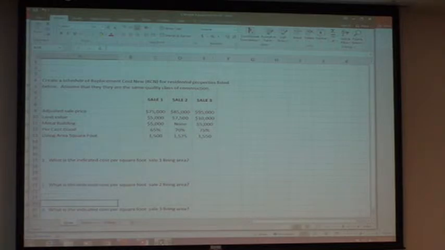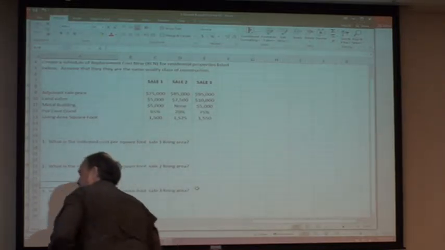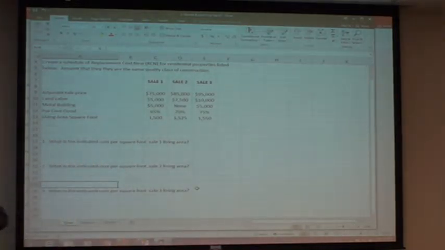We're going to find out what the indicated cost per square foot of selling number 1's living area, number 2, and number 3. But you're going to build a replacement cost new for residential properties listed below. Take the formula we just talked about. Take the sales price minus the additives minus the land, divide by the percent good, and divide by the square feet, okay?